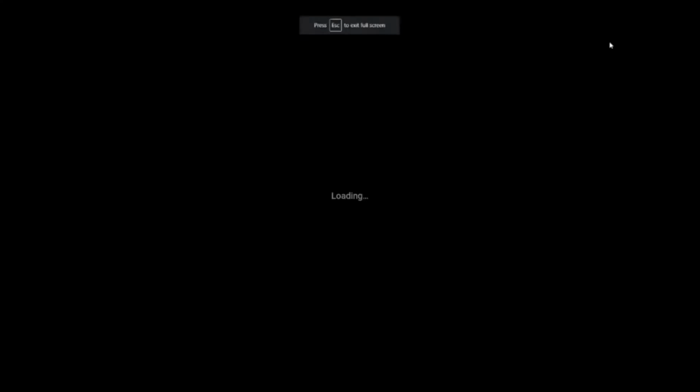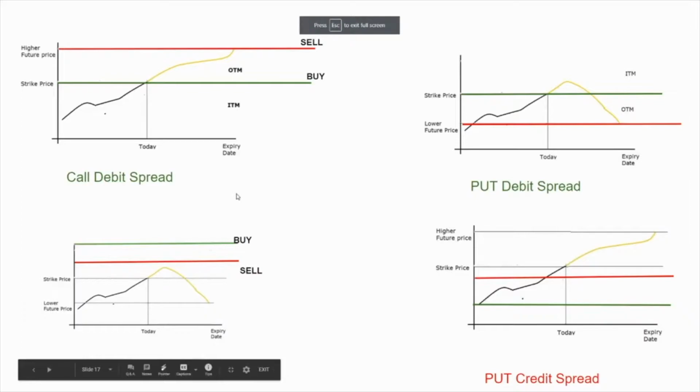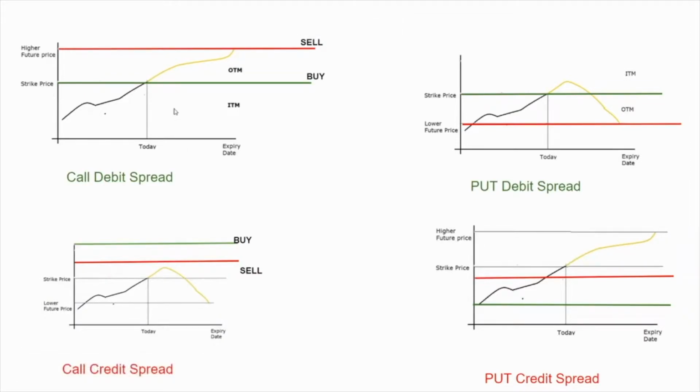So these are the four of them. Two of them on the call side and two of them on the put side. The call side is when you're long, when you're bullish, when you think the price of the underlying stock is going to go up.